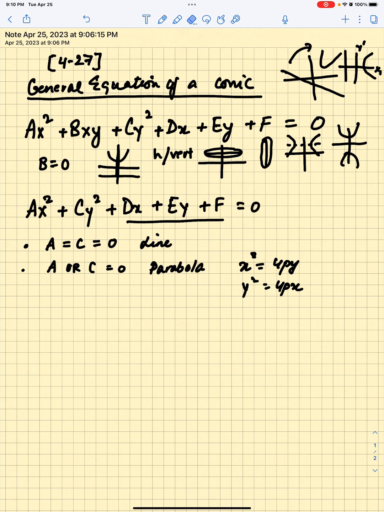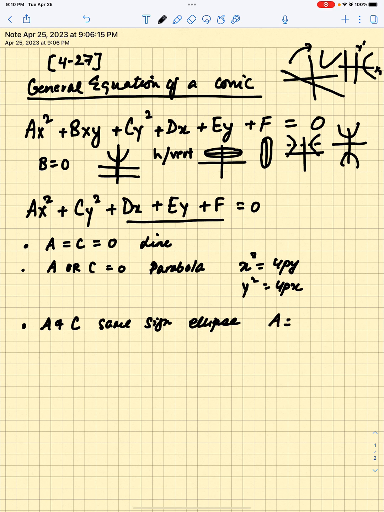If a and c have the same sign, then we'll have an ellipse, because then we'll have the x squared plus y squared form, right?